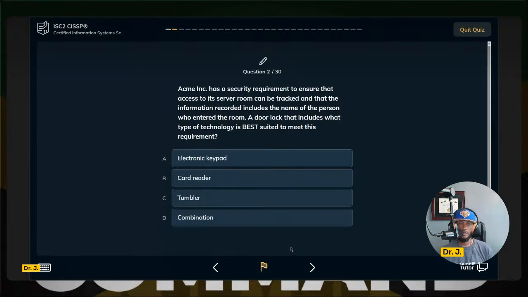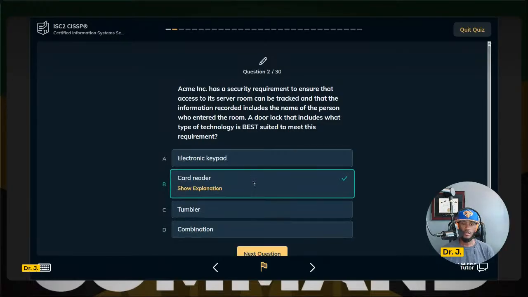Then you can check the logs and see who entered the space at such and such a time. So I'm leaning more towards card reader. Yeah, I'll go card reader.